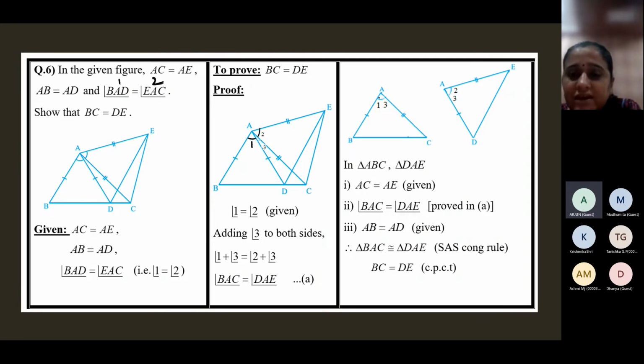Now, you can see from this figure that angle 1 and angle 3 together is BAC. Similarly, 2 and 3 together is DAE.